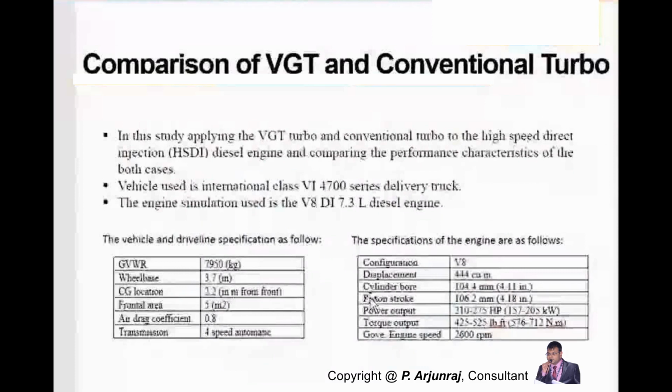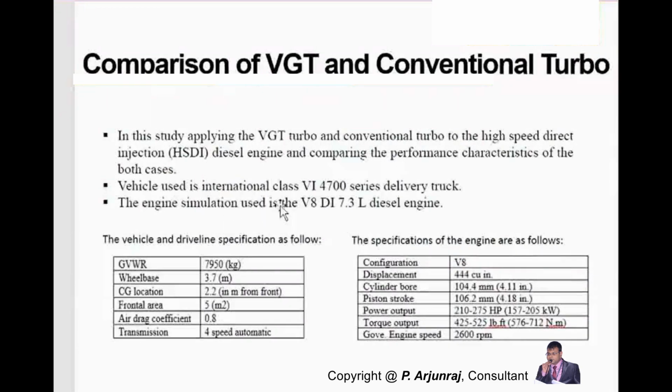The comparison was done between the variable geometry turbocharger and the conventional turbocharger with the help of a simulation activity, carried out on a 7.3 liter diesel engine. Basically, the simulation is carried out on a V8 configuration, direct injection.